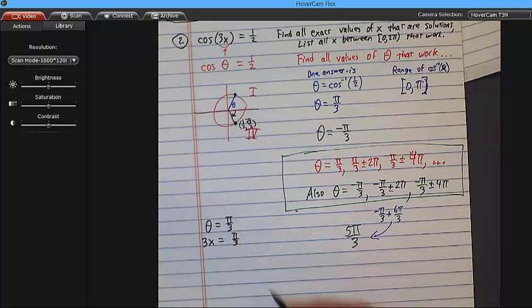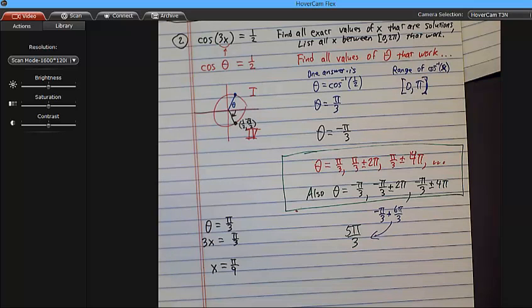And so what does that mean? X is equal to what? We have to divide by 3, that's right, on both sides. Pi over 9. Does that make sense to people? Because dividing by 3 is the same as multiplying by 1/3, right? So we get pi over 9.